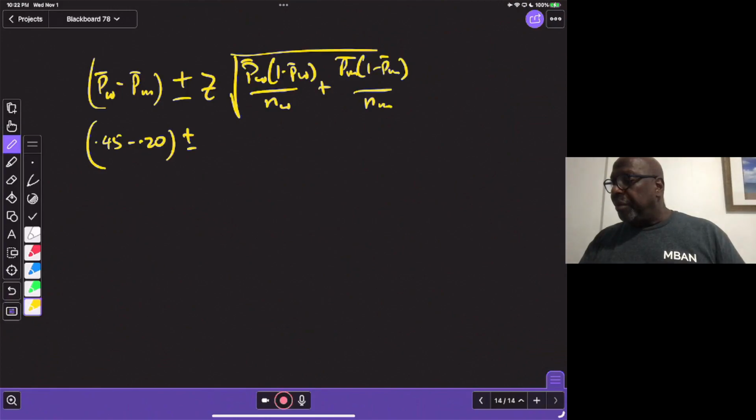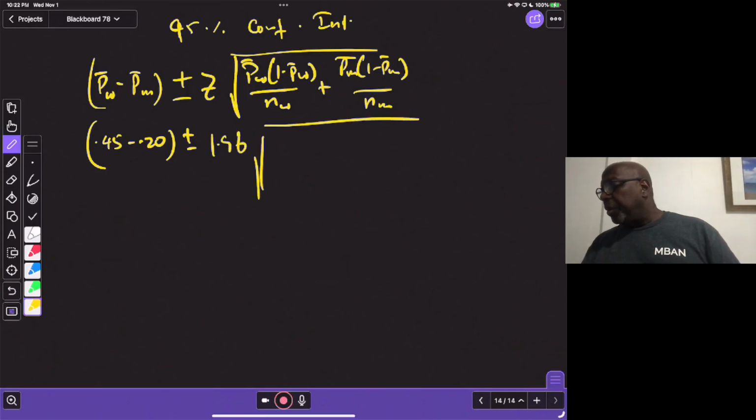So we're going to do a 95% confidence interval. So it'll be 1.96, and then we need to find out what's in that bracket. So 0.45 times 0.55 over 100 plus 0.2 times 0.8 over 150.